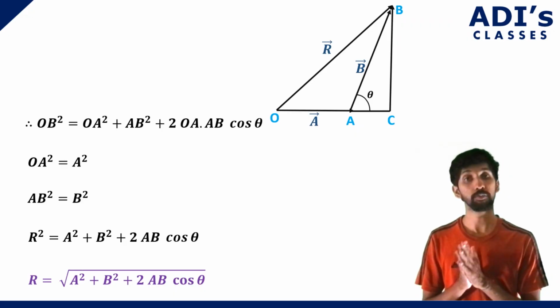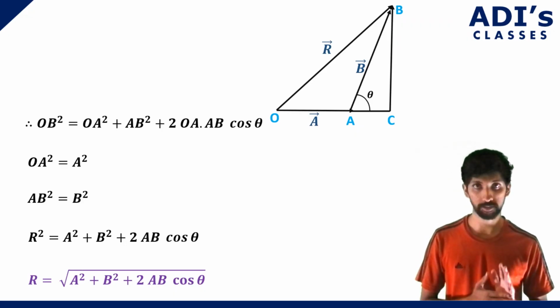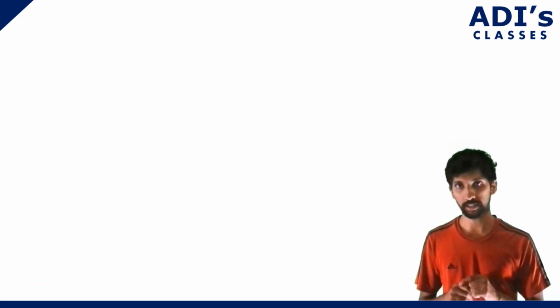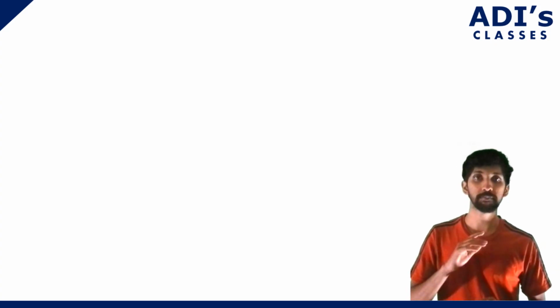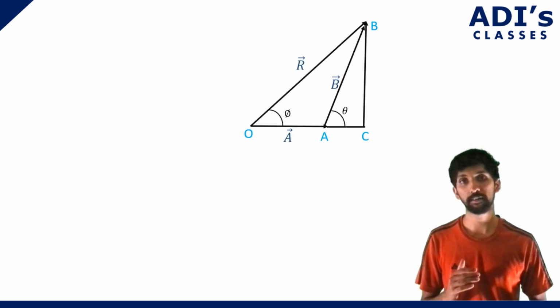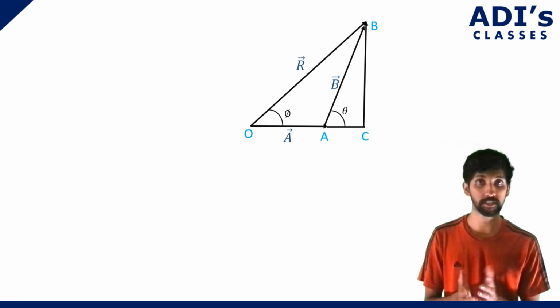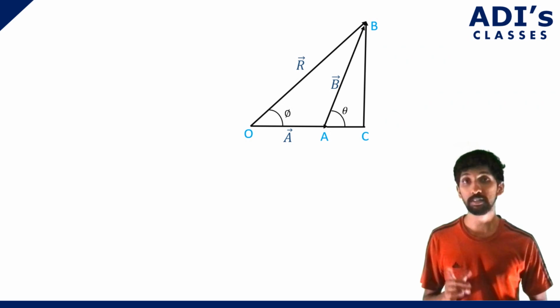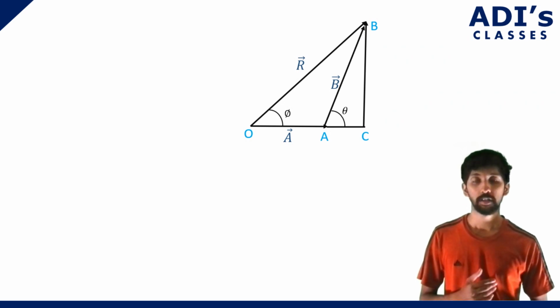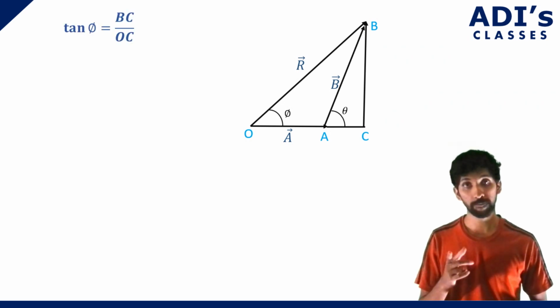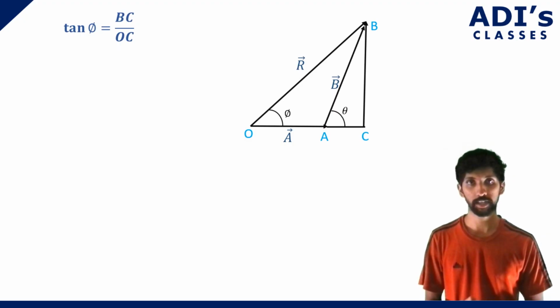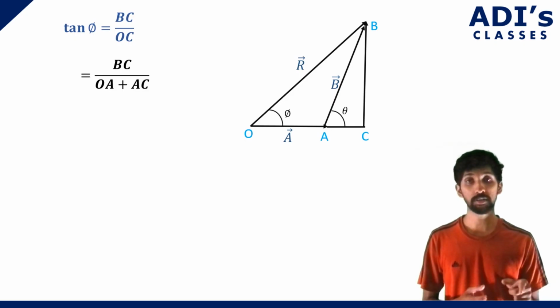Now this is the formula you will be using for the rest of the problems in vectors. Understood, right? One more thing: the resultant makes some angle phi with vector A, correct? We have to calculate the angle made by the resultant with the vector, so we calculate tan phi. Tan phi becomes BC by OC, right? And OC is OA plus AC.